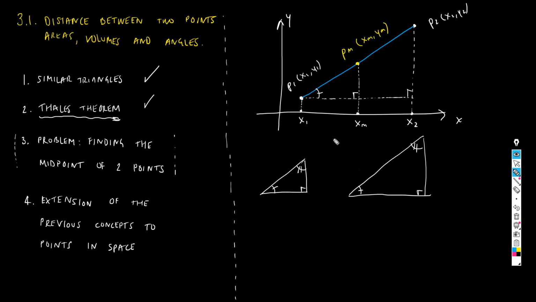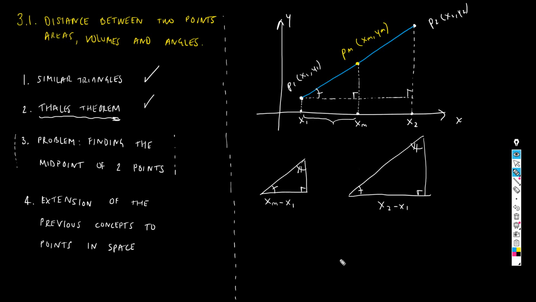We know that this is xm, we know that this is x1, so clearly the length of these catheti will be xm minus x1. I hope you can see that. And if not, pause the video and make sure. This thing is xm minus x1. Perfect. And similarly, the length of these catheti of the large triangle is x2 minus x1.